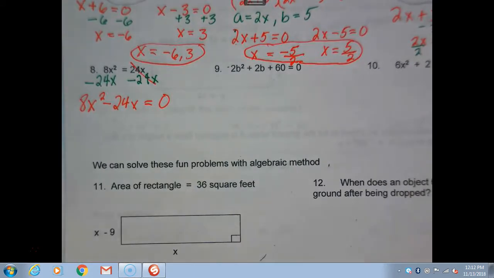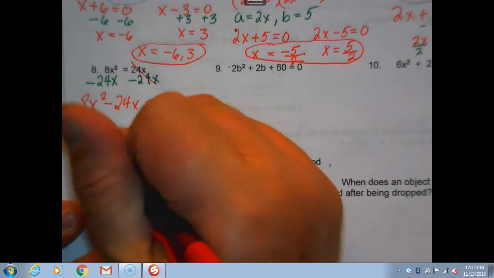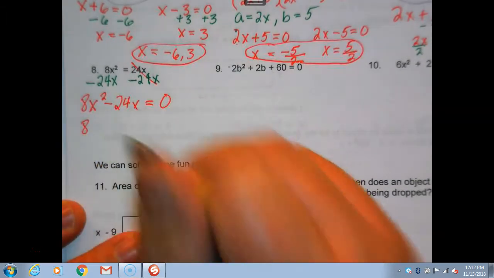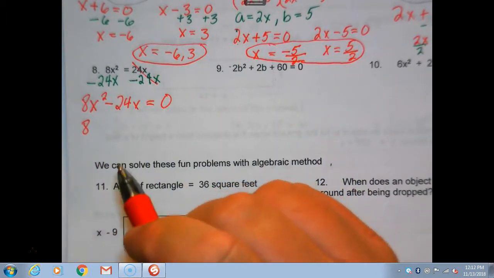Okay, follow your flow chart. Can I take out any common terms? What could I take out? Nothing? Anyone? 8? 8's a good one.